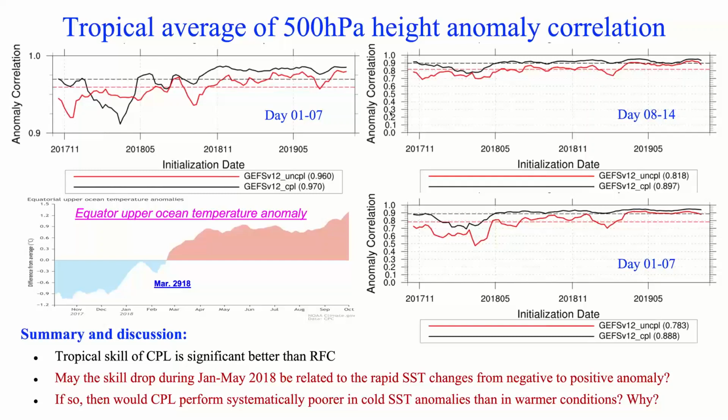What we are interested in is that the major skill drop during, for example, January to May 2018 is related to the rapid SST change from negative to positive anomaly, which happened in observations, right? So the related question is, would CPL perform systematically poorer in cold SST anomalies than in warm conditions, and why? We still have not fully understood that, but we are working on it. Next, please.